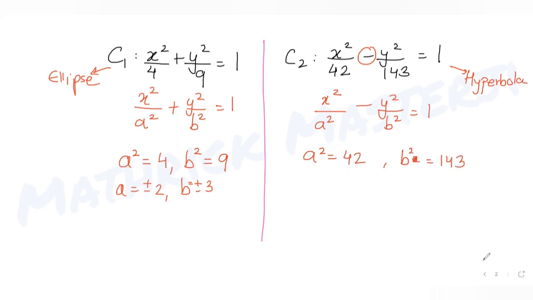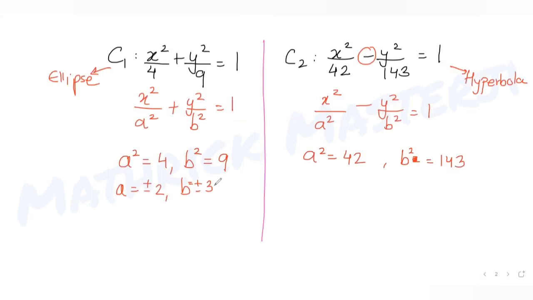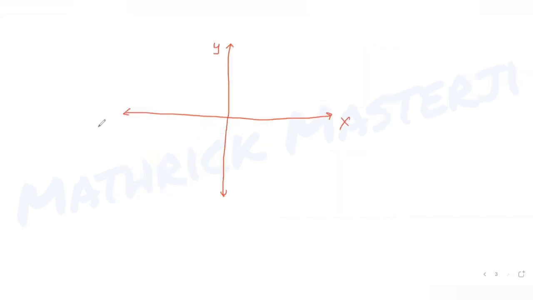Now, let me graph this entire situation. This is the x-axis, and let's say this is the y-axis. We know for the ellipse that b square is greater than a square, so your ellipse will look something like this.